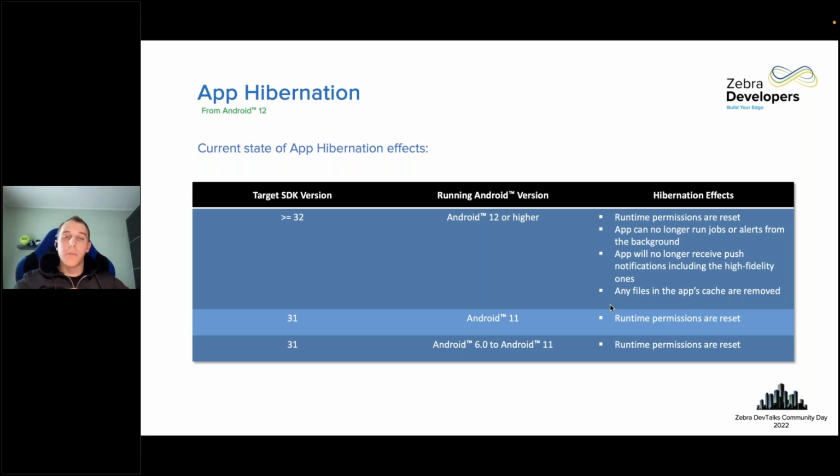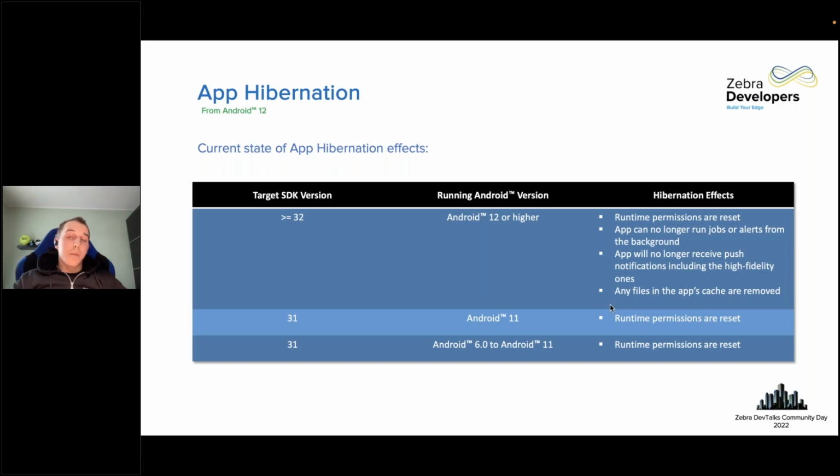And there were some effects of this hibernation. Previously, on the older Android versions, the only thing happening after the hibernation of an application was that the runtime permissions were getting reset. And now with Android 12, we have some new effects happening post hibernation.